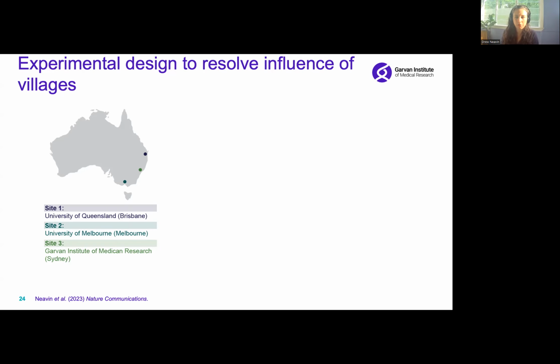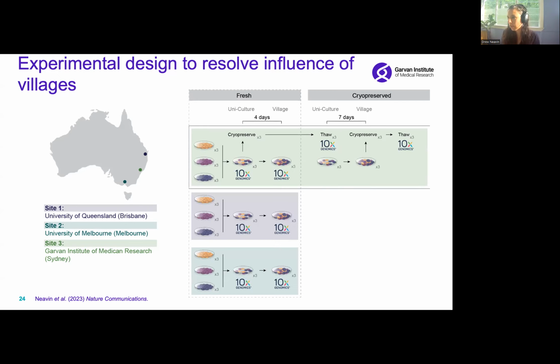So we wanted to know how much variation we would likely have from doing this type of experiment across different sites. We carried out this experiment across these 3 sites using the same batches of cell lines and reagents. So we kept everything as consistent as possible, except the location and the people handling the cells.